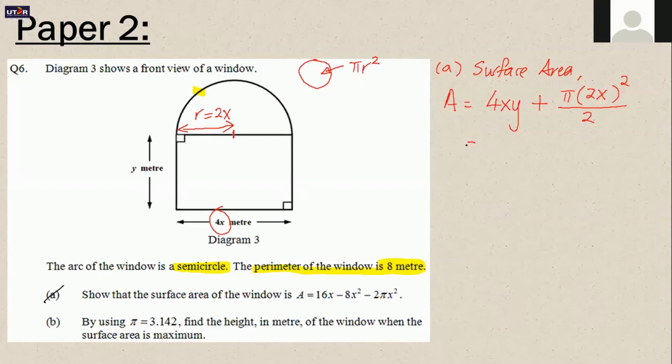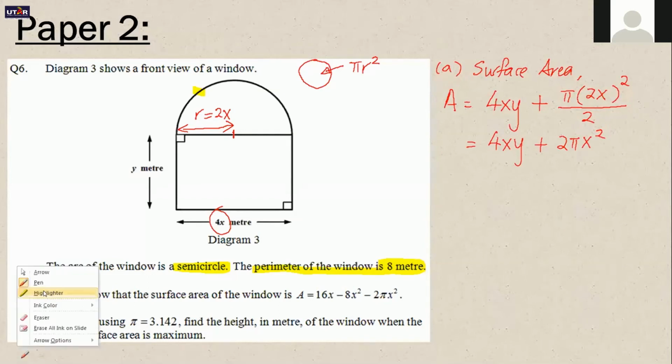So simplify it: for 2x squared, we have 4x squared. 4x squared divided by 2, we have 2 pi x squared. The answer here, I need to have this, but it looks not the same. So how do we get this answer?